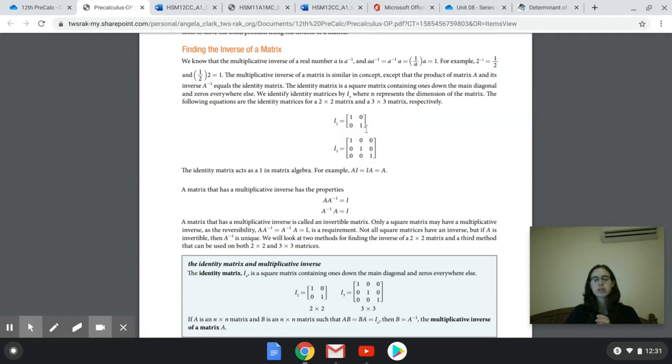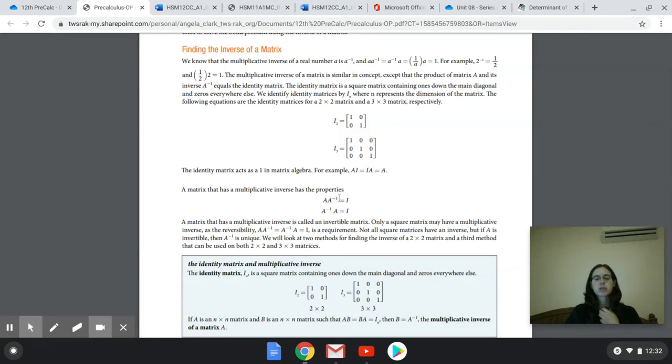So this diagonal here is going to be 1s for a 3 by 3. The thing that makes this an identity is if I multiply two inverses by each other, I'm going to get the identity, and that's in either order.